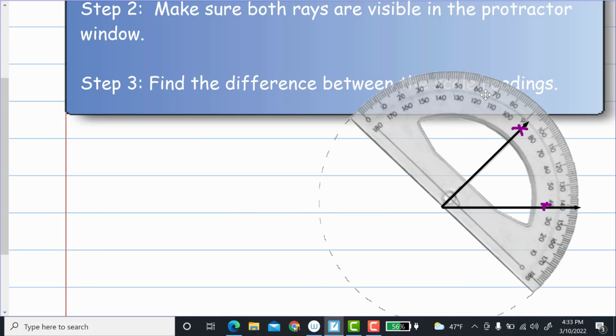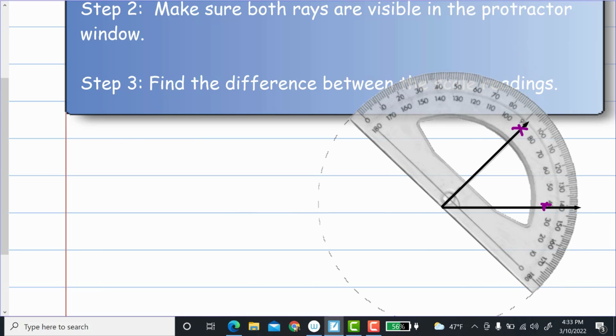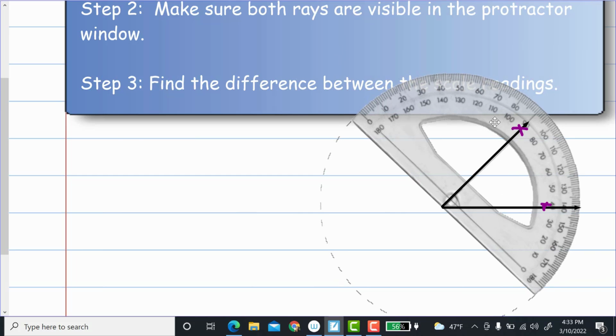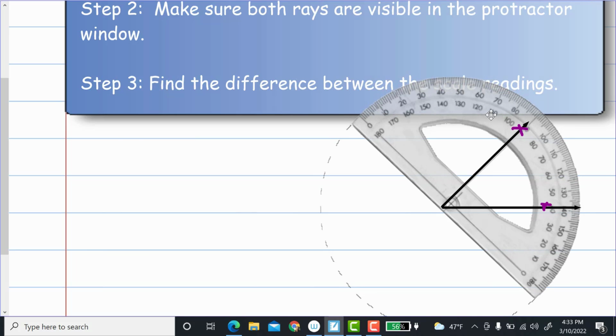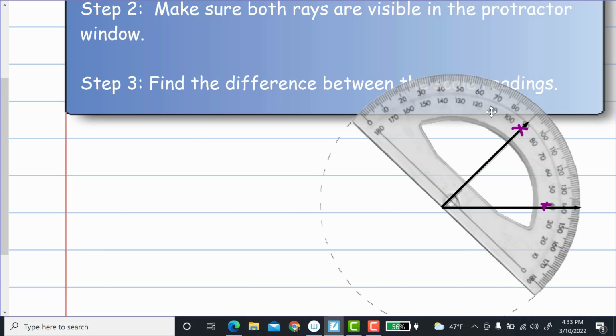There you go. About 90 is there. And then that would put the other at about 40. Okay, and you're just basically going to find the difference between the two.